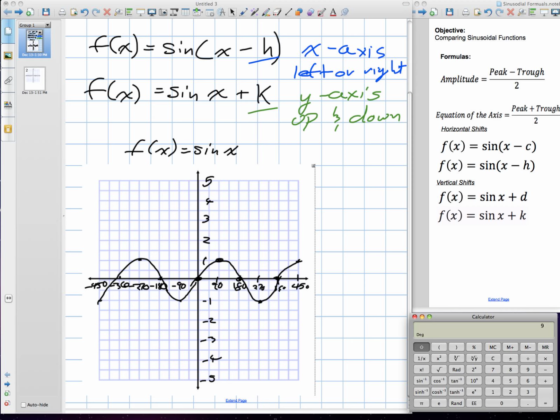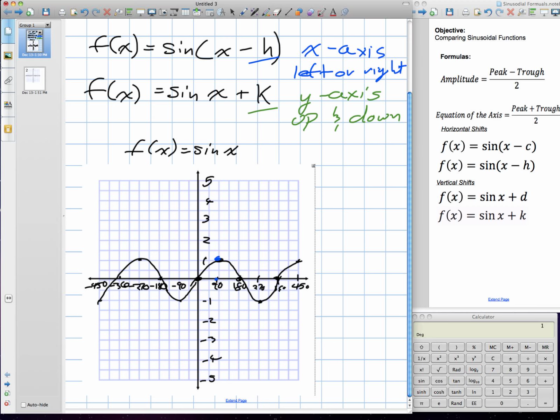If I'm at the point 90, if I hit sine, it tells me the y value, 1. Okay? So, if I don't know how to graph this, at 90 and 1, I know I have a coordinate. Say that I'm at 45, and I want to figure out where 45 is, which is between 0 and 90.